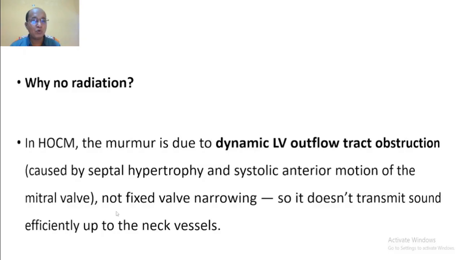There is no fixed valve narrowing. The valve is not narrow, but in the subvalvular area a functional obstruction is created by bulging of the hypertrophied septum during ventricular contraction. So it does not transmit sound efficiently up to the neck vessels.